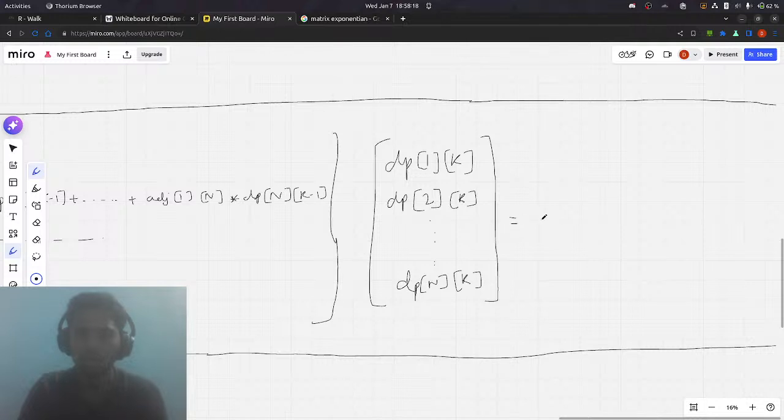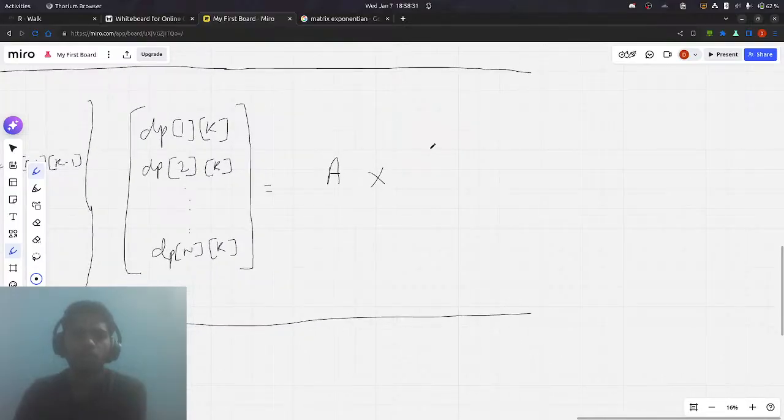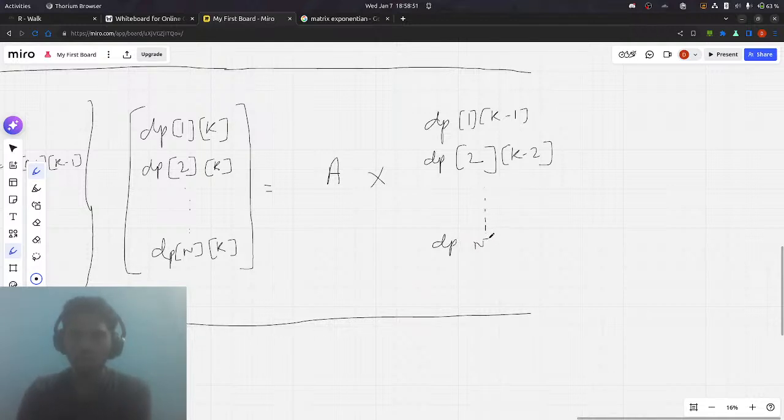And it is simply equal to the matrix that we have multiplied by dp 1 k minus 1, dp 2 k minus 1, and all the way up to dp n k minus 1.